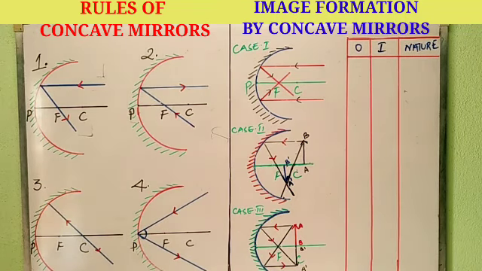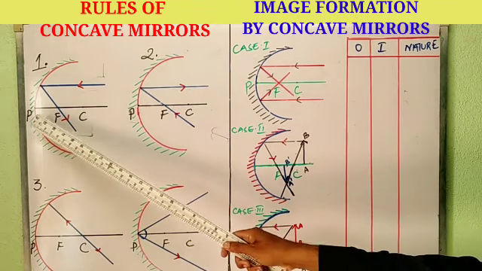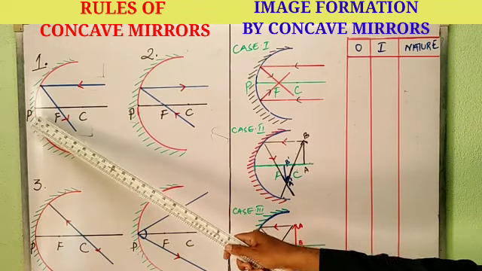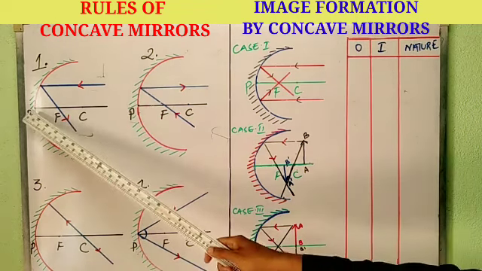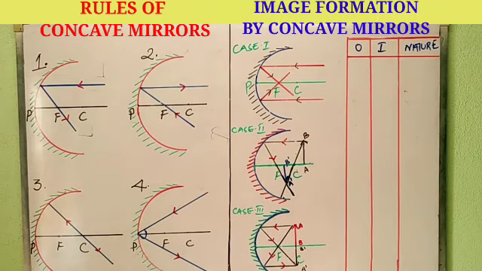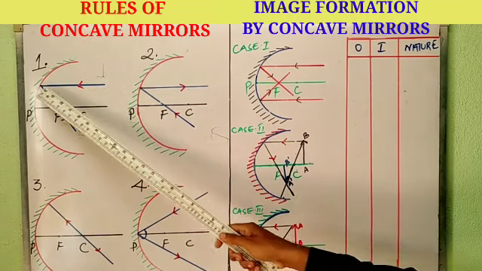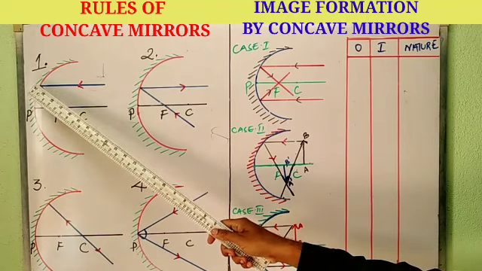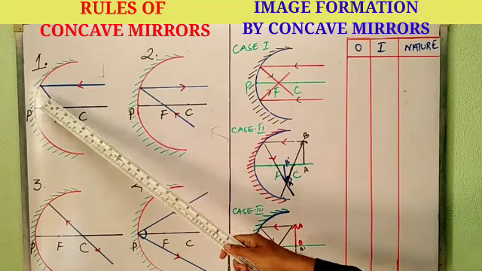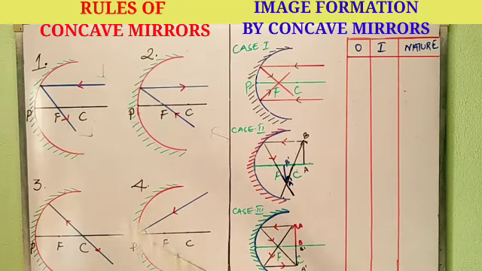How the light ray will pass after reflection is understood by us by these rules. We all know that a line joining the pole and the center of curvature is called the principal axis. Now if there is a light ray passing parallel to the principal axis, that ray after reflection will always pass through the focus. That is rule number 1.